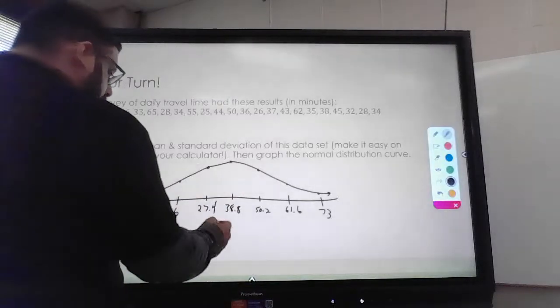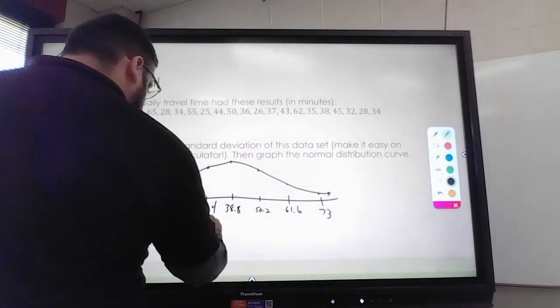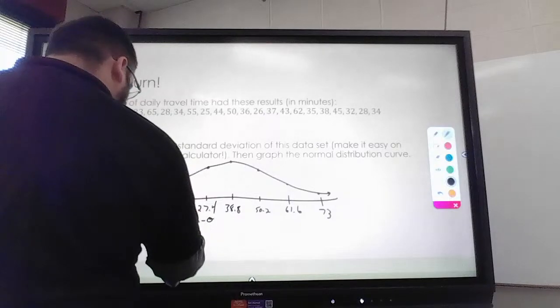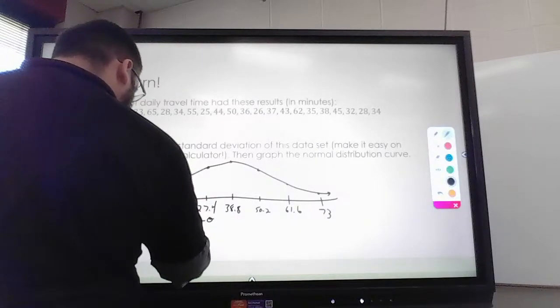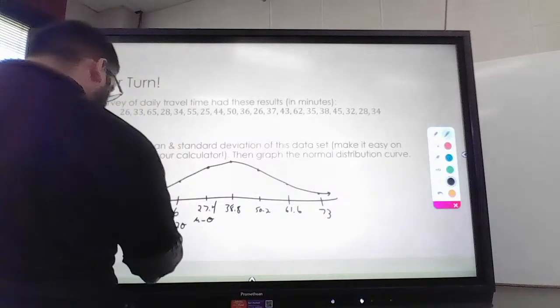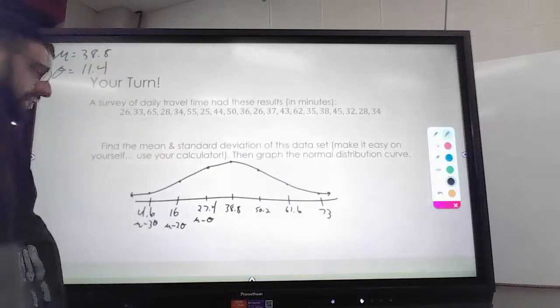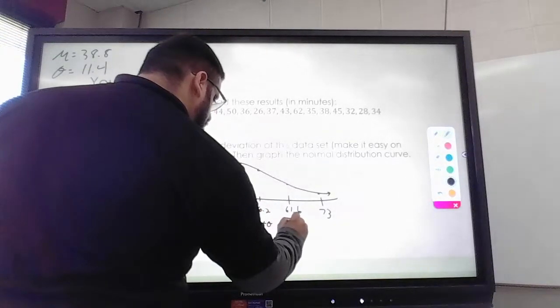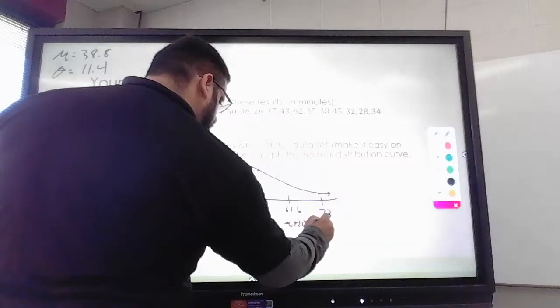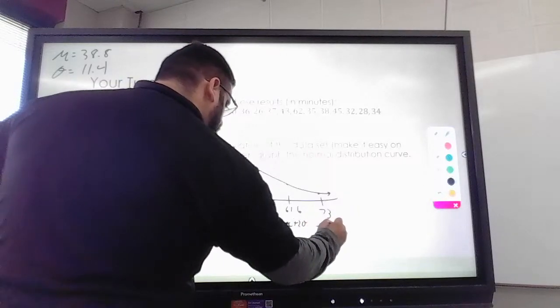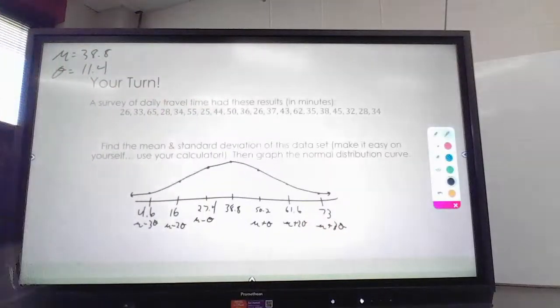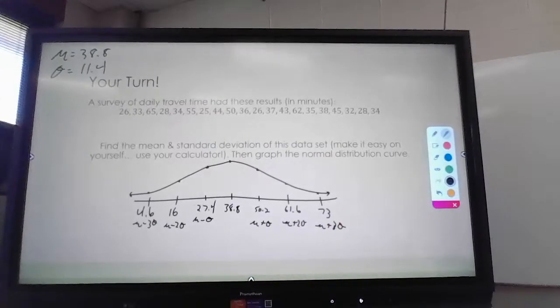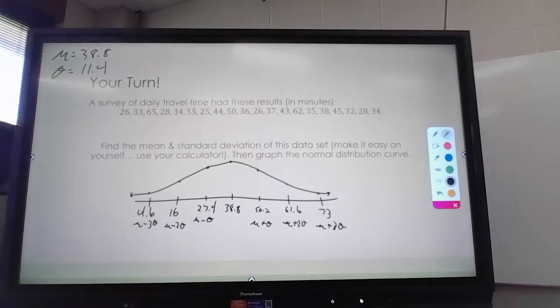So again, this represents 1 standard dev from the mean, 2 standard devs from the mean, 3 standard devs from the mean, and same thing on the other side. 1 standard dev from the mean, 2 standard devs from the mean, 3 standard devs from the mean. There is your normal distribution chart.